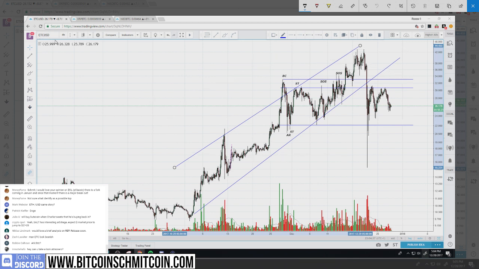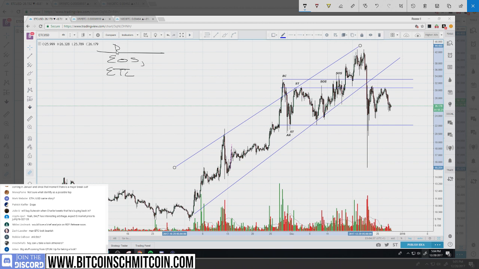Okay, so what else did we say? We said EOS might be distribution, ETC might be distribution. So let's make a little list right here. Distribution. Accumulation though. Accumulation, we had XRP, Bcash, OMG, NEO, Ether.